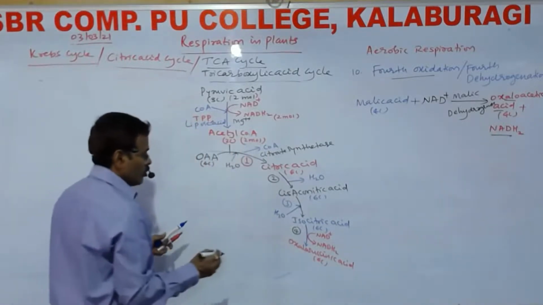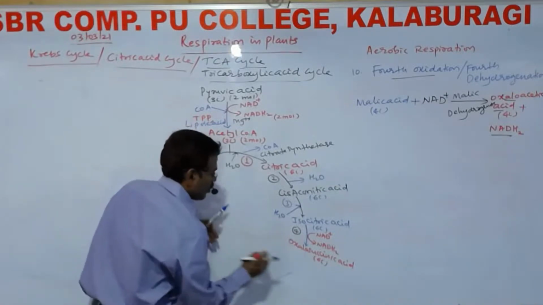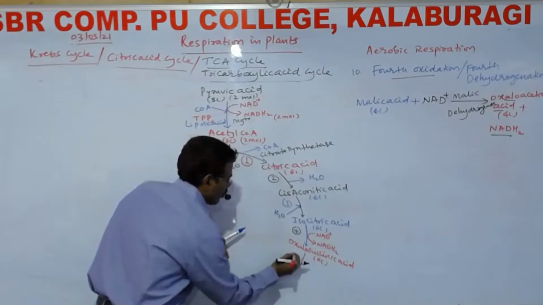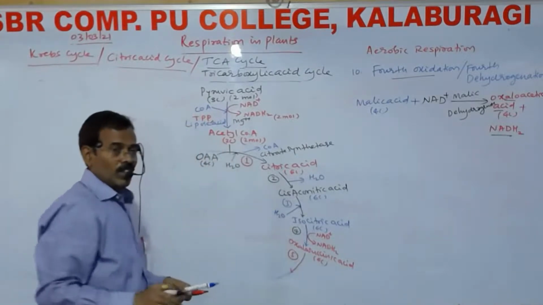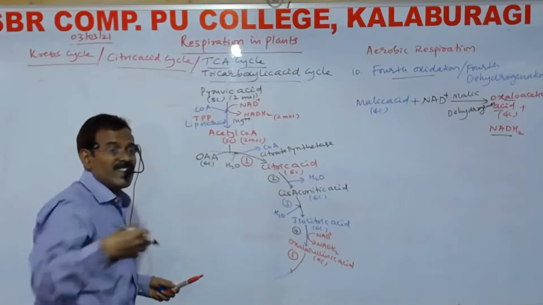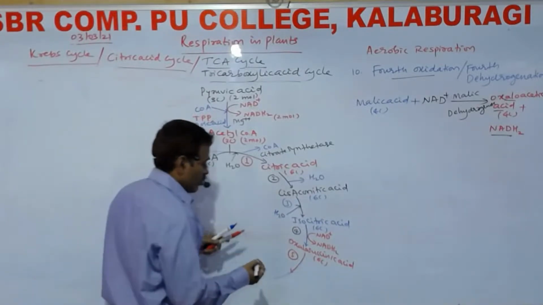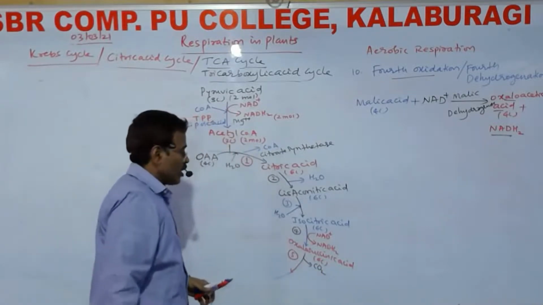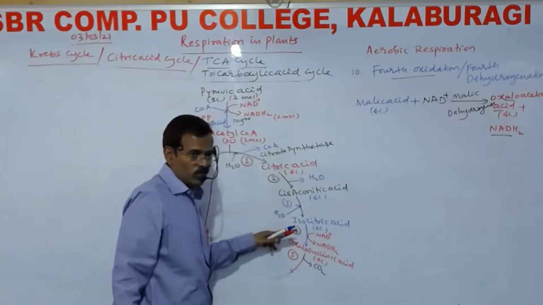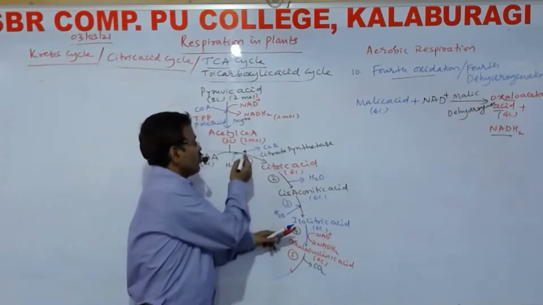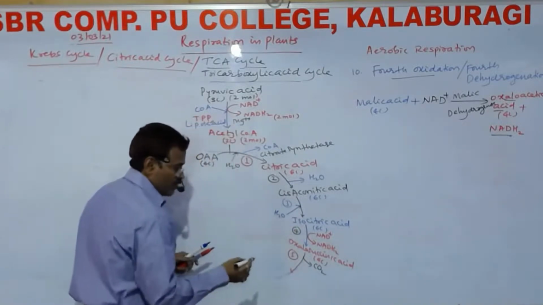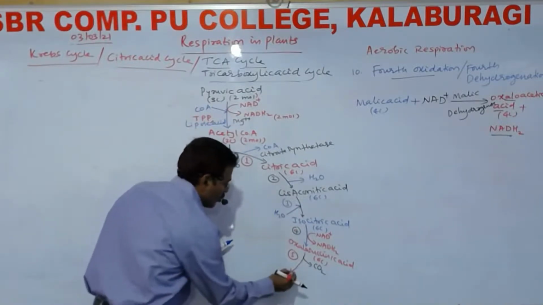Now, fifth step. Step number 5. Oxalosuccinic acid will undergo first decarboxylation. So that means what is released here? Carbon dioxide is released. This reaction is catalyzed by isocitric dehydrogenase, the enzyme name is optional. So what product are you going to get here now?